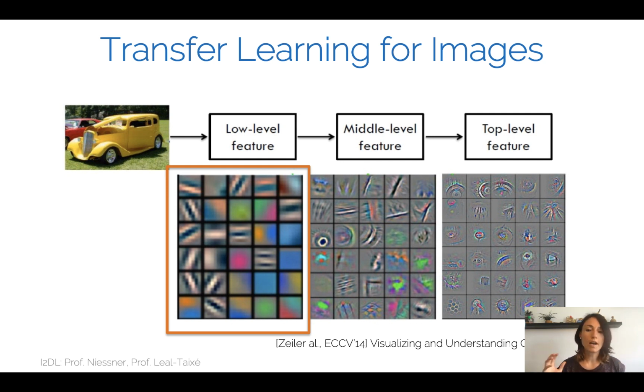Even if the two tasks are very different, the low-level feature extraction is going to be very similar if the inputs are still RGB images. And therefore, we can really leverage transfer learning for images from one task to the other. Usually the case is that we pre-train our neural network on a large dataset, such as ImageNet, which is used for image classification, and then we fine-tune it for detection, segmentation, or any task that we want to solve.